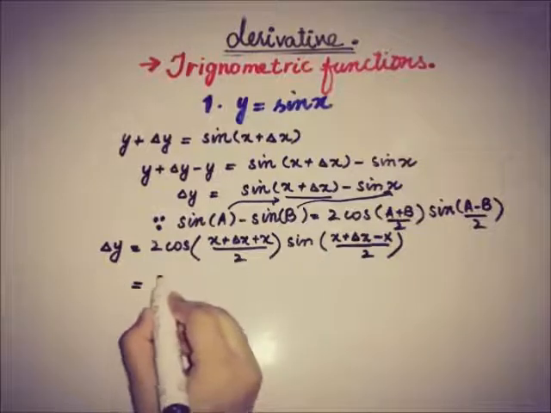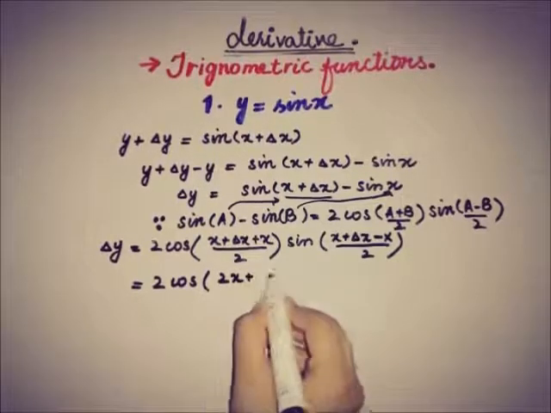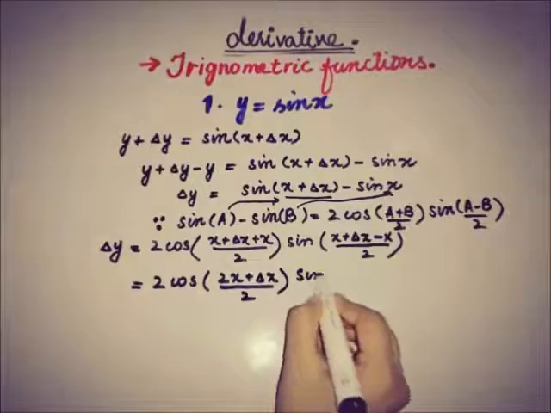So we will get 2 cos of (2x plus delta x) divided by 2 and sine delta x by 2.